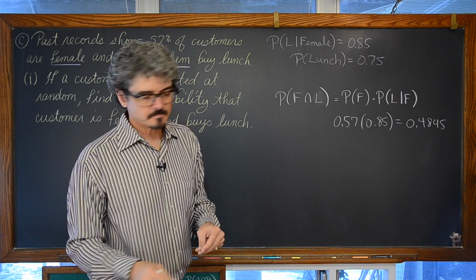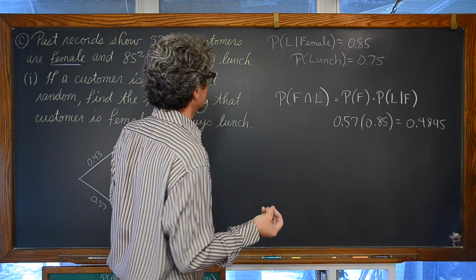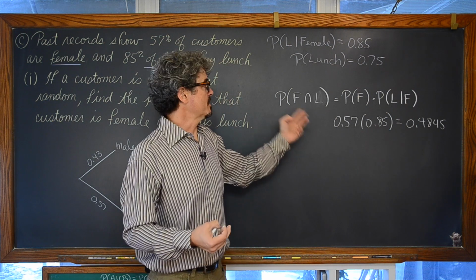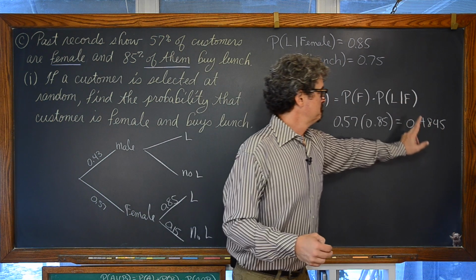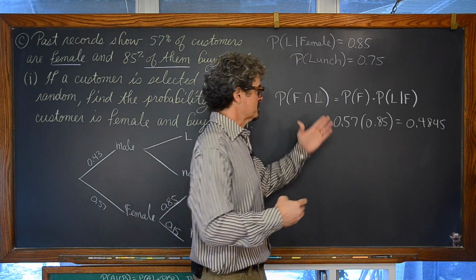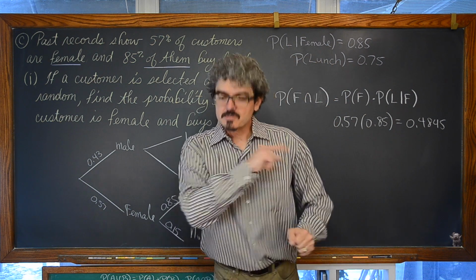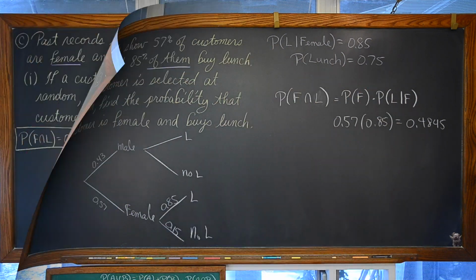So basically on a typical day, the probability that a customer is female and buys lunch is equal to 0.4845 or 48.45%. So yes, I got the last part, part C, coming up right now.